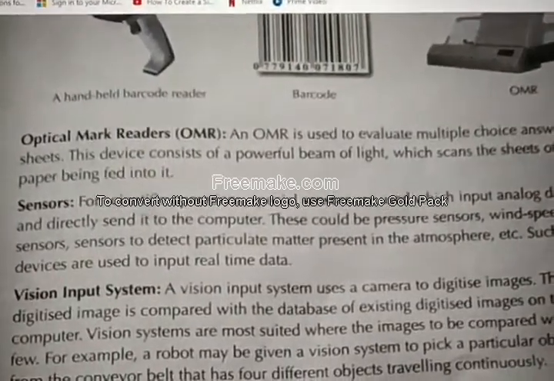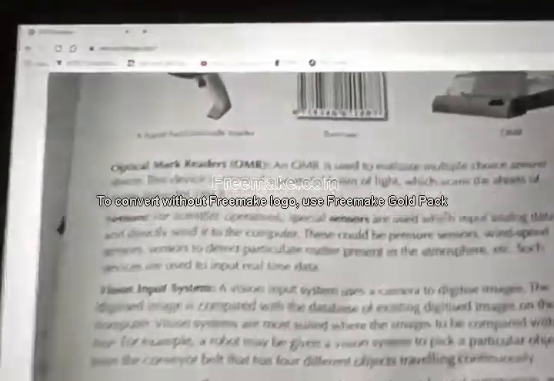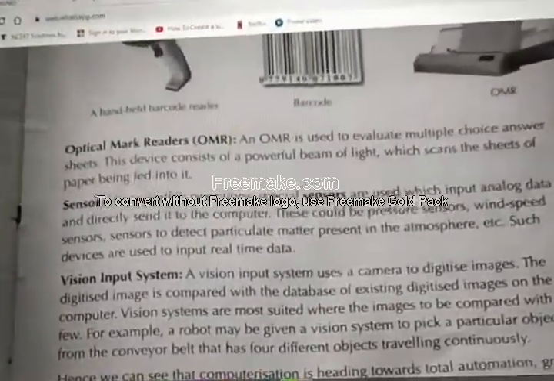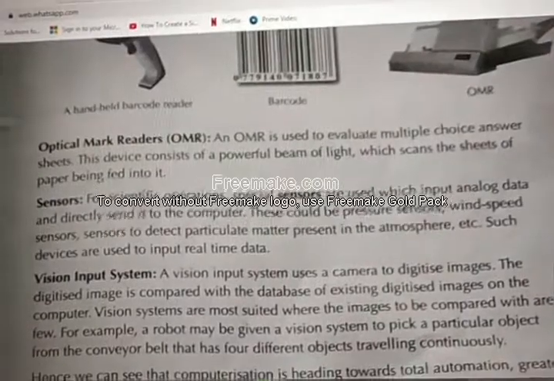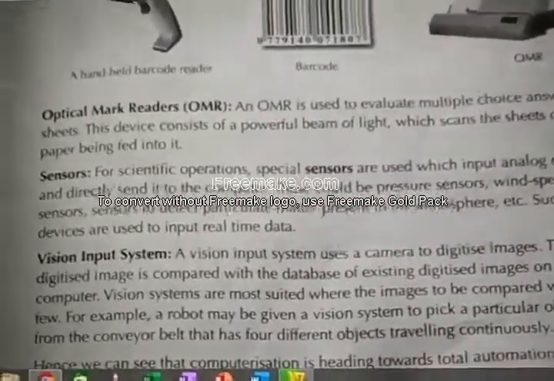Then you can easily see whether the answers you have written are correct or wrong, because only choices were marked. This OMR scanner corrects it easily.